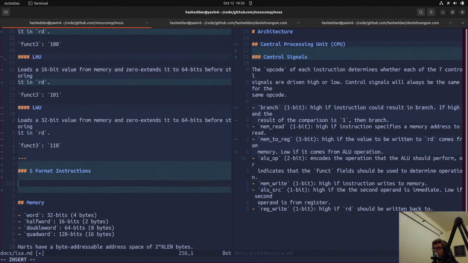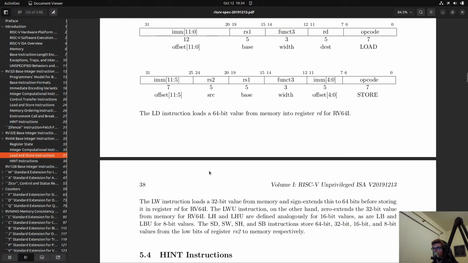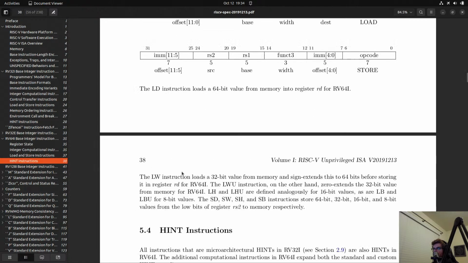Now we can finally get into S format instructions. So these are going to be our store instructions.